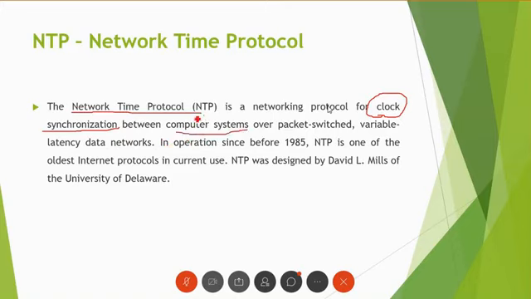When I say computers in this statement, it refers to all the devices like routers, switches, firewalls, IP phones, everything over a packet switched network. Basically, I'm referring to packet switched because we depend upon an external source for this time, which we're going to see in a little while. This protocol has been in operation since 1985, and it was developed by Mr. David from the University of Delaware. Okay, this is just to give you some information. So basically, the Network Time Protocol, or NTP, is used for time synchronization, or having common time across the whole organization.